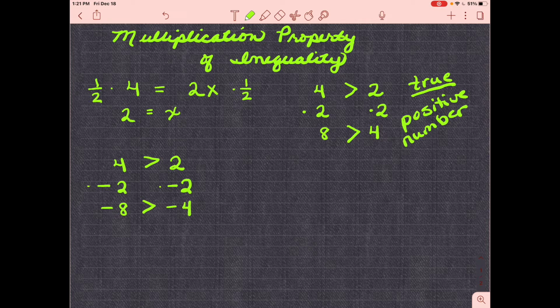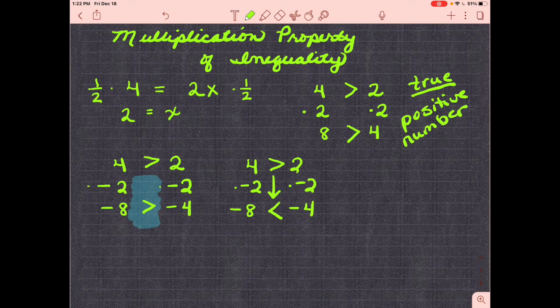What we have to do to compensate for this little problem is we have to do something here with our sign. So when we multiply by a negative number, we have to change the sense of our sign. So what that means is we just flip it around.